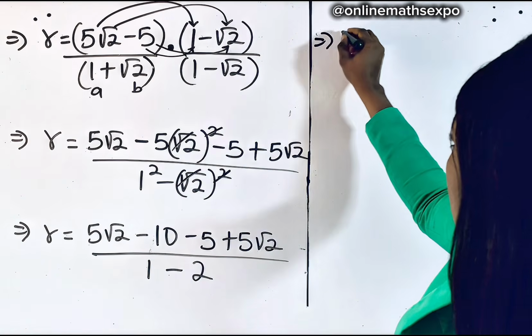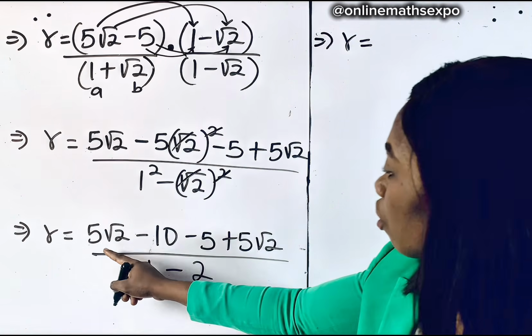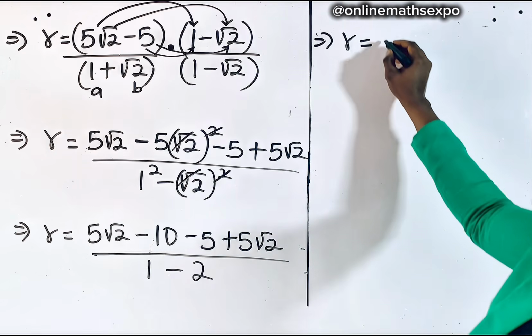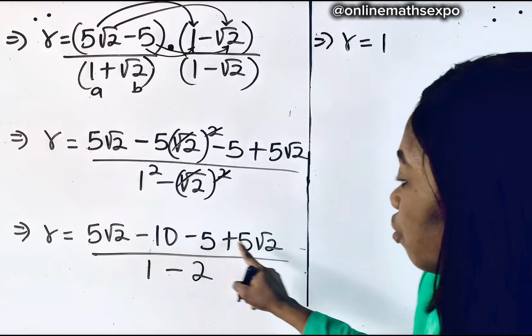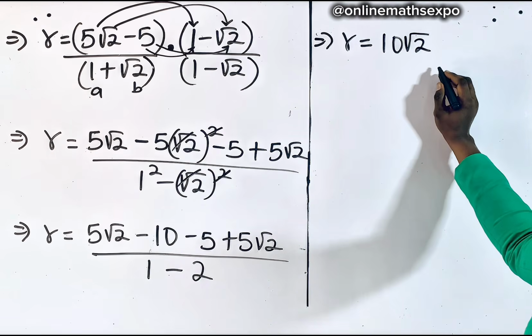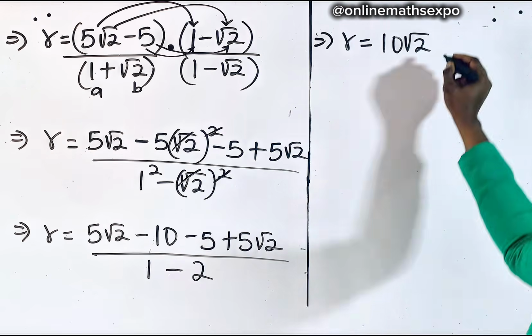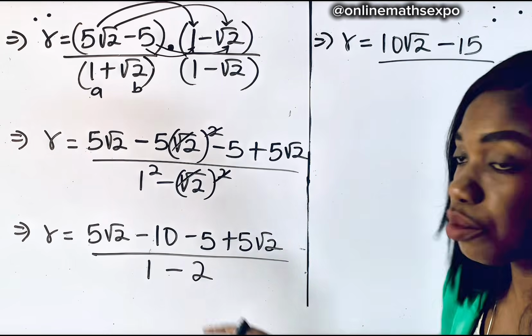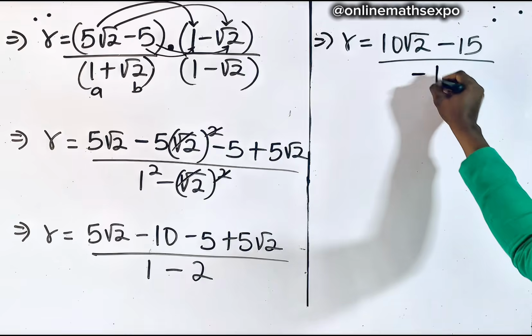Keep solving. R is equal to, this and this are the same, so we can add them. Just add their coefficients. 5 plus 5 is 10, and that gives you 10 root 2. Then add this, it gives us negative 15, divided by 1 subtract 2 gives us negative 1.